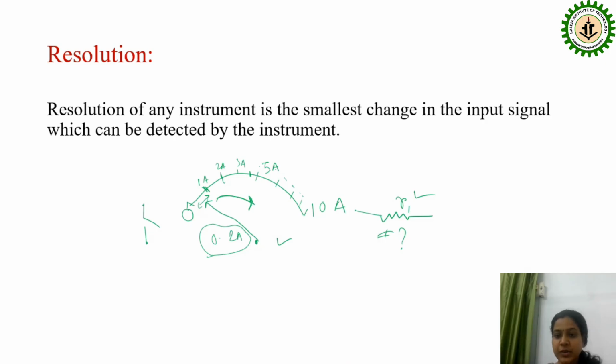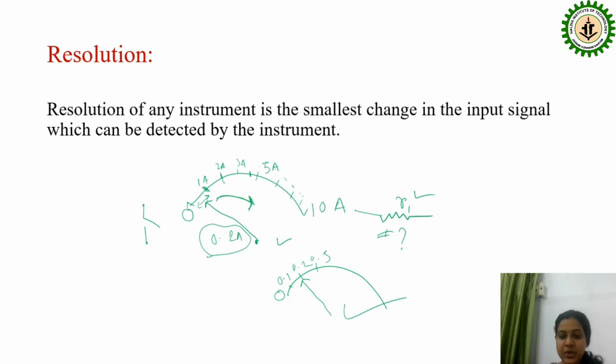If we have an instrument calibrated like this, 0, then 0.1, 0.2, 0.3, then we can easily measure an unknown current, which may be 0.1 ampere or 0.2 ampere.